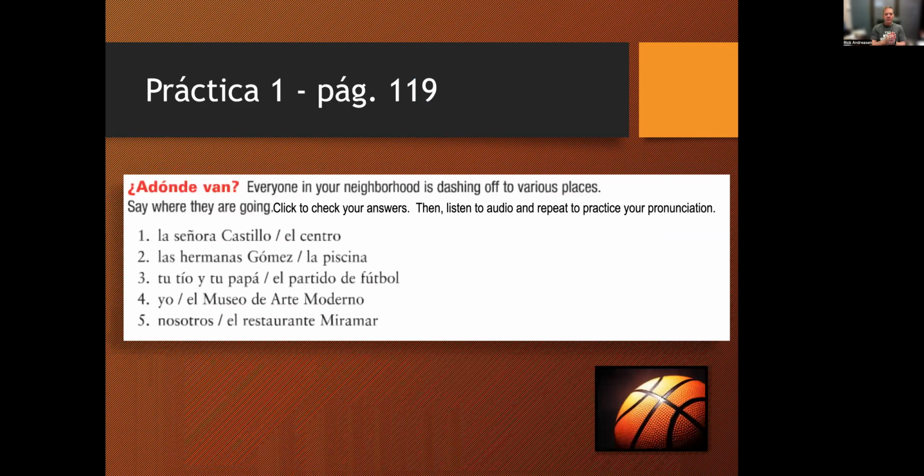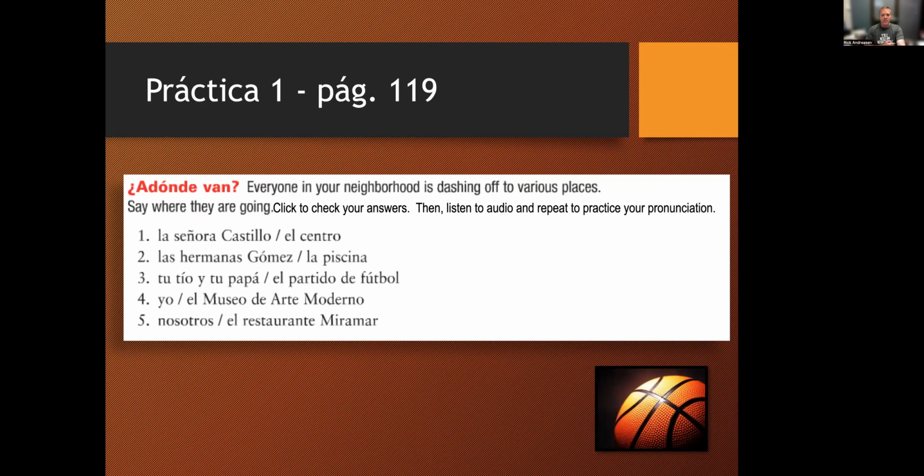The last part is just to remember that because ir has to have that a, when you're asking where, the a leaves ir and goes in front with the word a donde. So donde means where. A donde means to where. So that a is still going to be there with the verb ir, but it's going to be in front of the sentence as part of the question word.